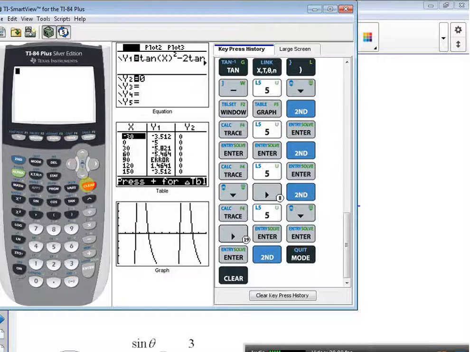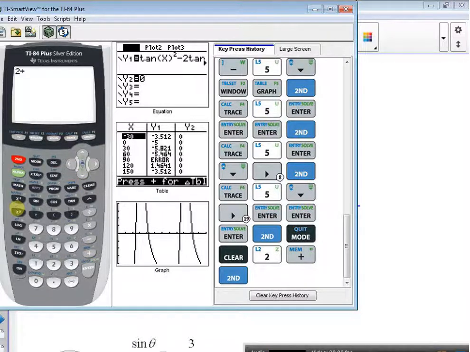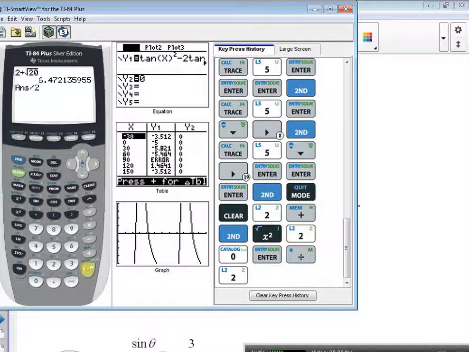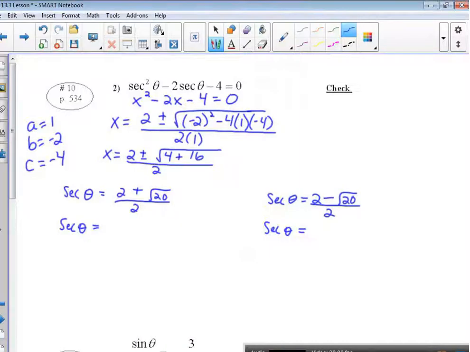So 2 plus square root of 20, divided by 2, enter after that, and then divided by 2, so 3.236.